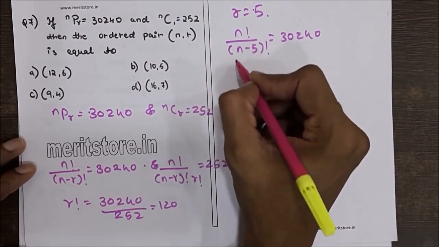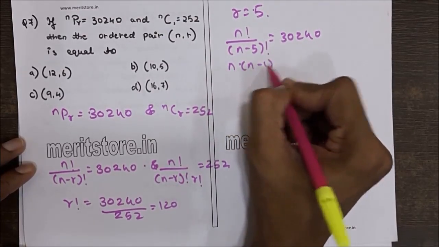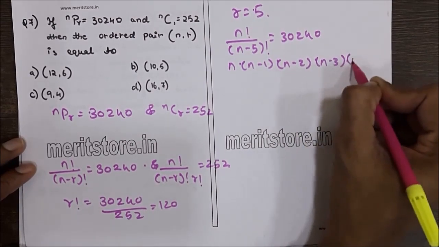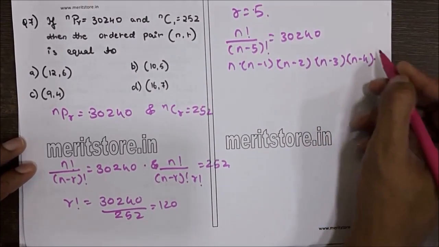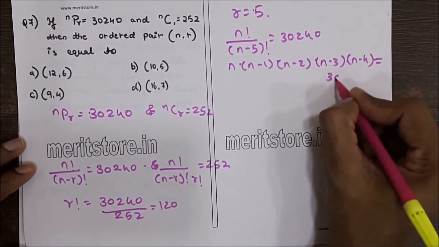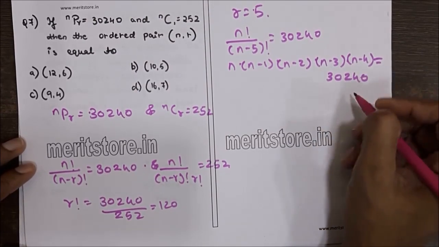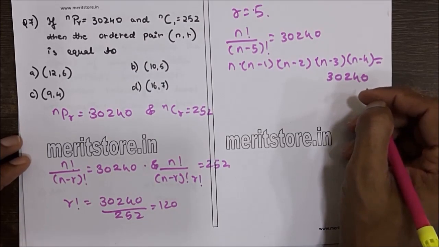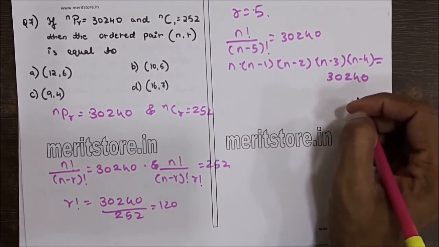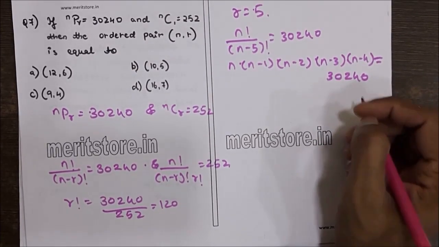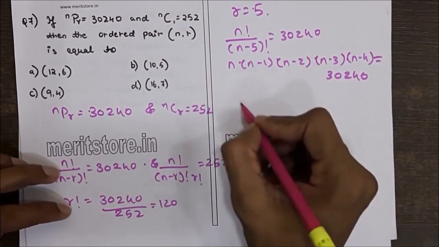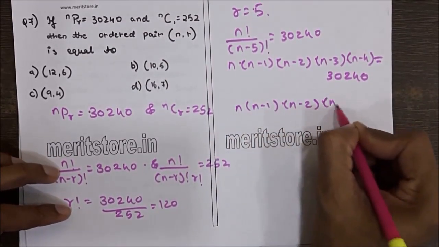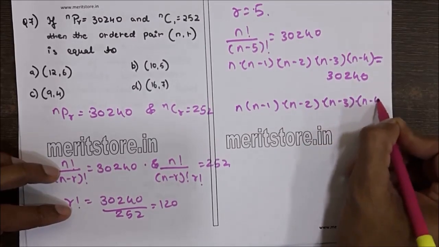Therefore, solving this, we get n into n minus 1, n minus 2, n minus 3, n minus 4 equal to 30240. Solving this further, we check the LHS, that is n into n minus 1, n minus 2, n minus 3, and n minus 4.